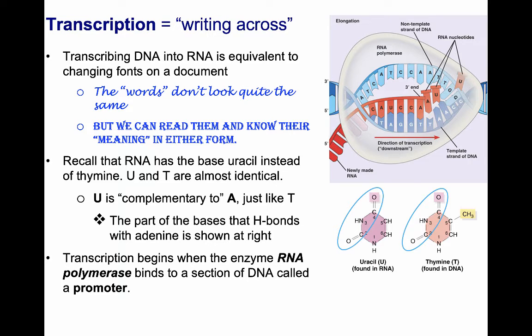The RNA polymerase enzyme knows where to bind on the DNA because the regions that are next to genes have sequences called promoters, and those promoters are sequences that RNA polymerase recognizes as being, hey, jump on here, this is where you want to transcribe a gene to get that information.